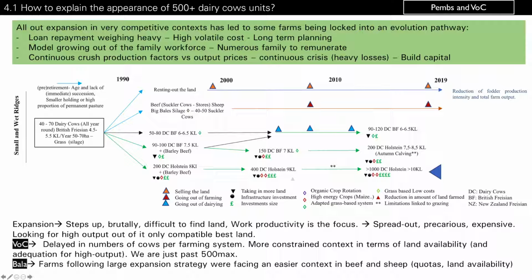They expanded along the 1990s until 2000 in a very competitive context with high investment costs, and they were expanding relatively rapidly. They might have had a numerous family workforce to pay for. The problem is they also faced a difficult context with a continuous squeeze between the output prices that they were selling at and the input prices that they needed for the system.